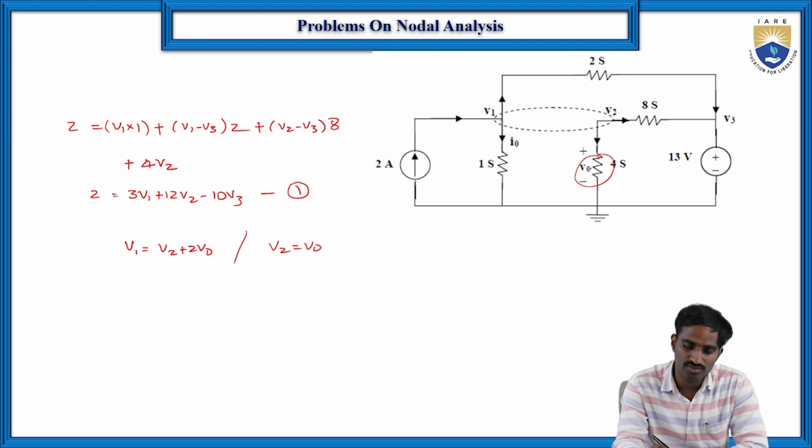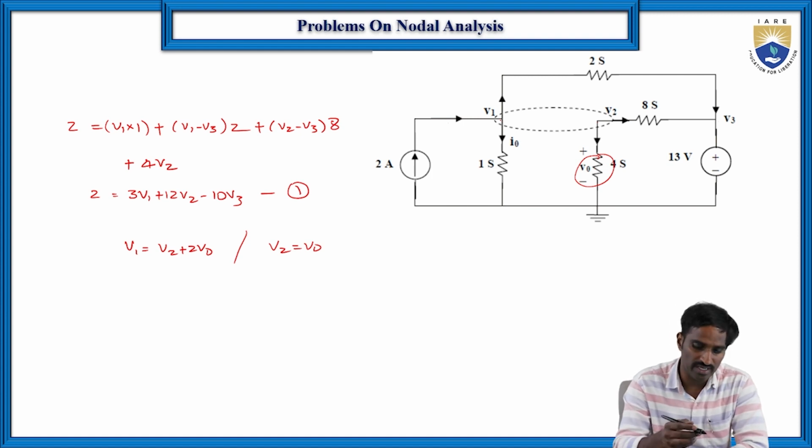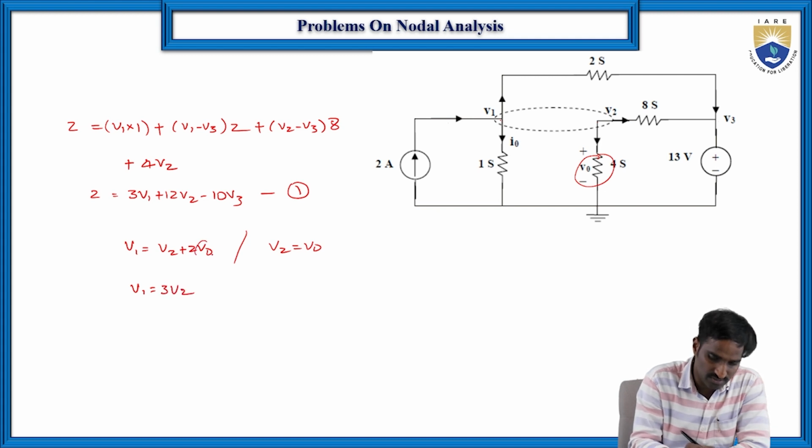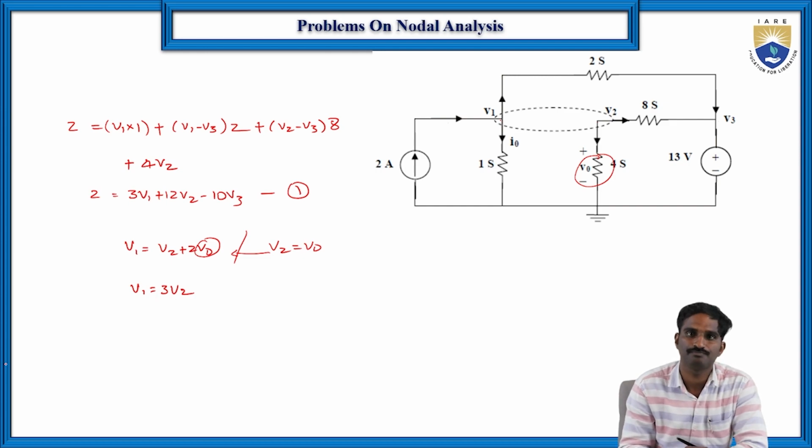So wherever V2 is there, you can substitute the value of V0. If you substitute, then V1 is equal to 3V2, because in the place of V0 you can substitute V2.